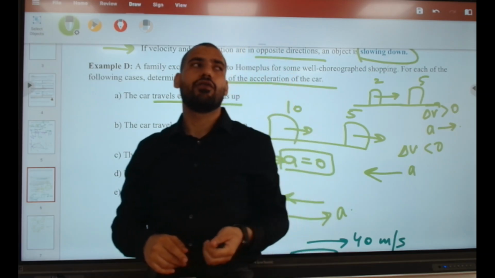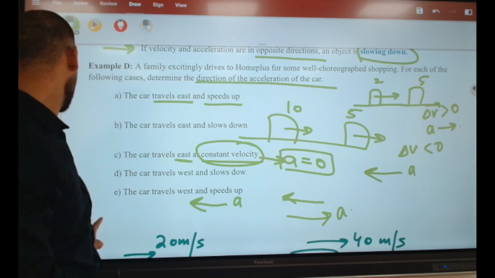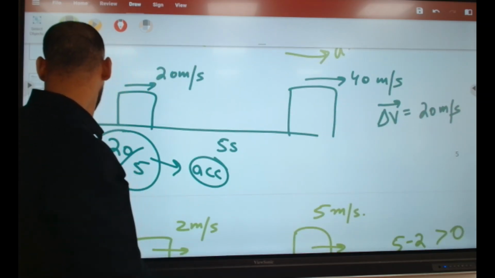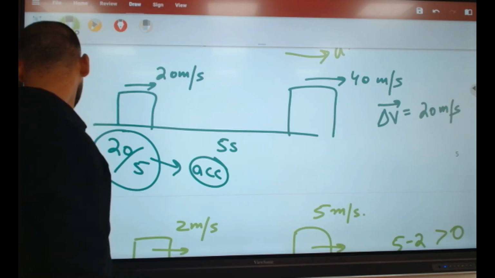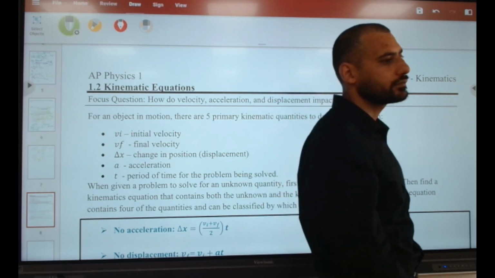Write it down. For a body at rest, acceleration is always 0.